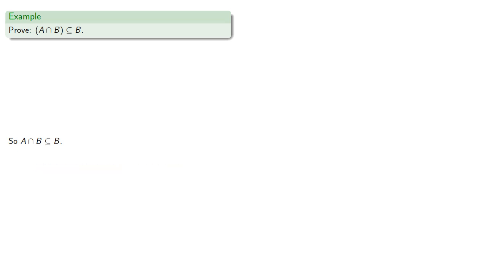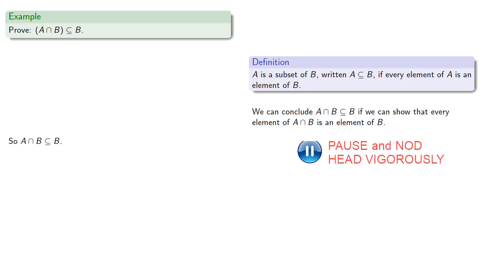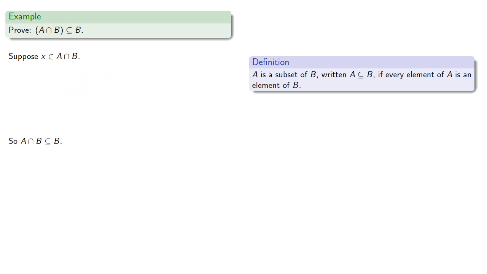So this talks about the subset relationship, so let's remind ourselves what that definition is, and note that we can conclude that A intersect B is a subset if we can show that every element of A intersect B is an element of B. And that gives us a starting point, so let's start with an element of A intersect B. Well, now we have an element of an intersection.